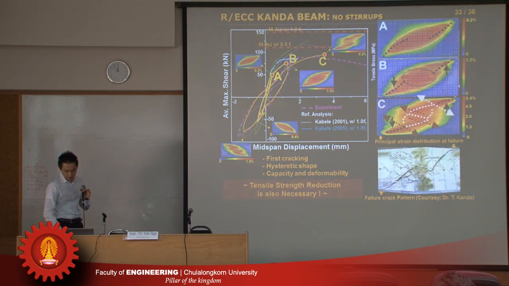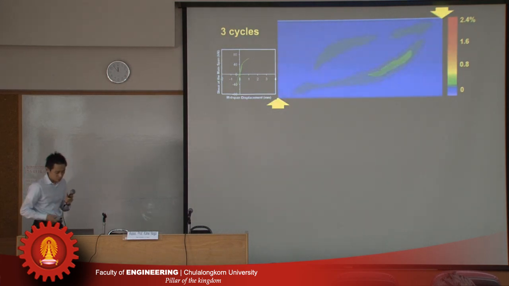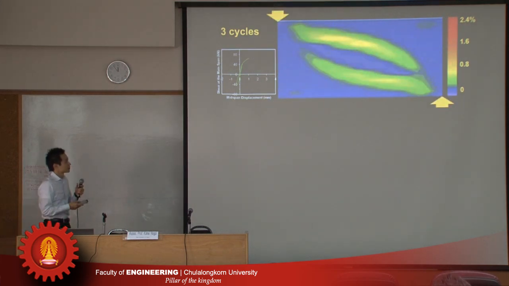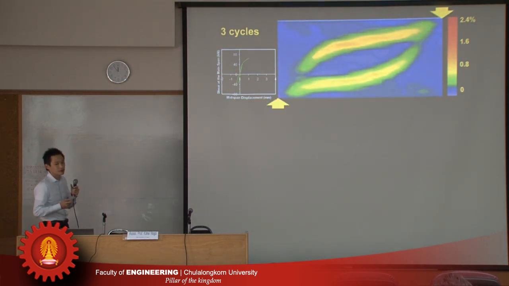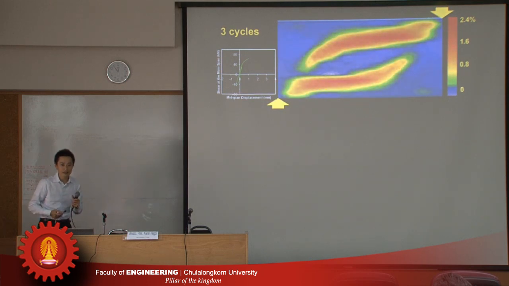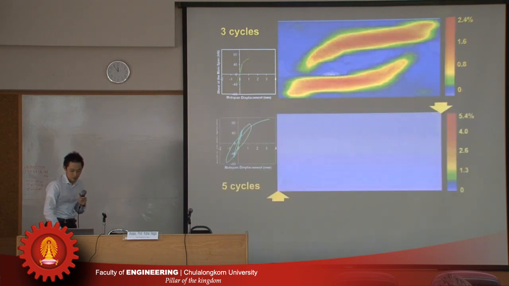I would say yes, this is almost final. This is a case of RC, not HPRCC. When we apply the load, the crack is localized here and here. This is a typical cracking pattern of the case when we use just reinforced concrete.